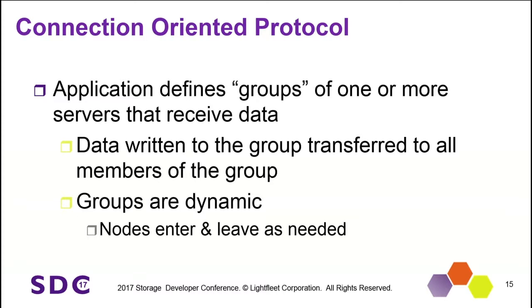So for example, if you had a particular data type that needed to be transmitted from one machine to another, or from one machine to a group of machines, you define what's essentially a group. And then any data written to that group is transferred to all members of that group simultaneously. Groups are dynamic. You can have a host join or leave a group depending upon the configuration of the application.